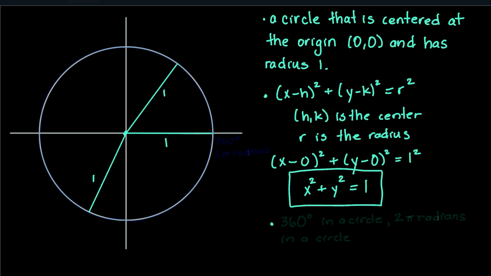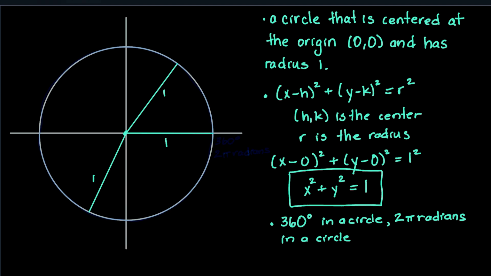The next piece of important information is we know the number of degrees in a circle is 360. So there are 360 degrees in a circle. And we know in calculus and precalculus, we speak more in radians than we do in degrees. 360 degrees is equivalent to 2 pi radians in a circle.